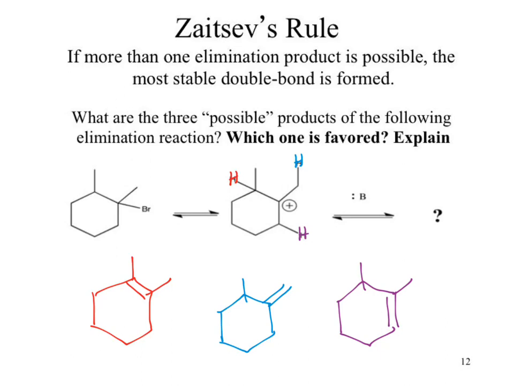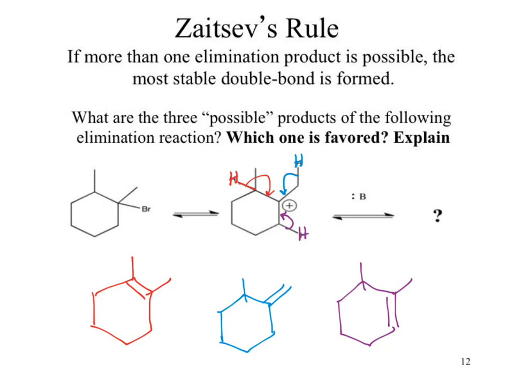What we did was that's 3. We removed a hydrogen and formed our pi bond. So in the case of the red one, we took the electrons away from that hydrogen and we put them into the pi bond. In the case of the blue one, we took the electrons away and we put them into a pi bond. Purple, into a pi bond. Those are our 3 possible results. Of those 3, which is our favored product?